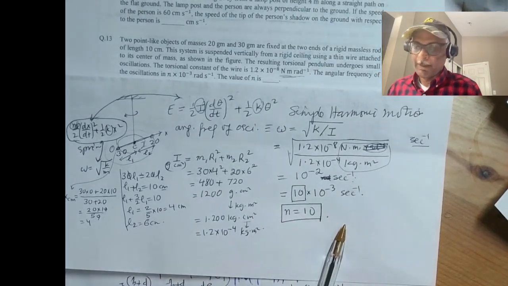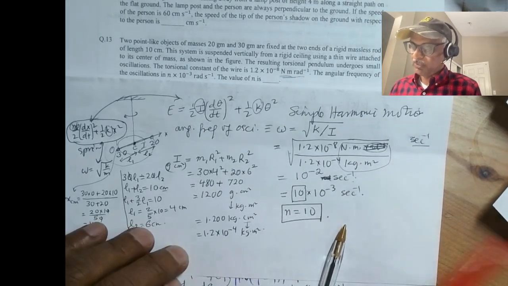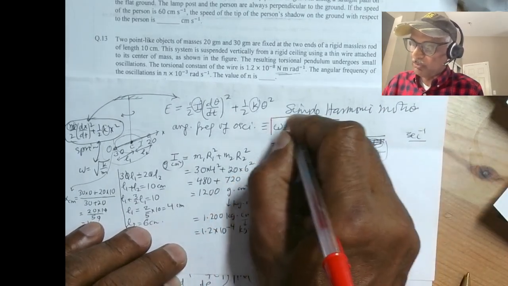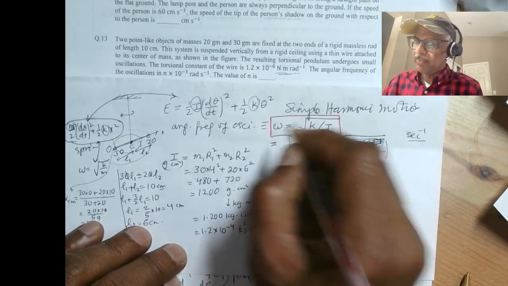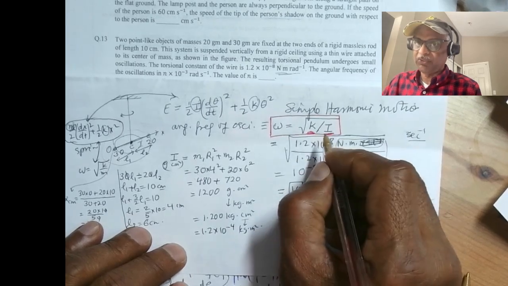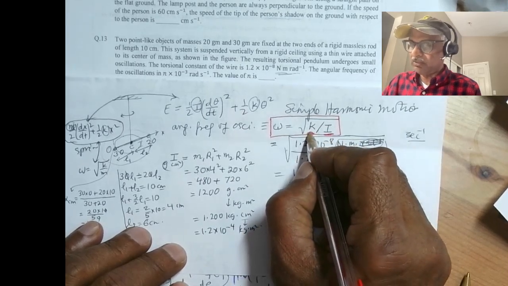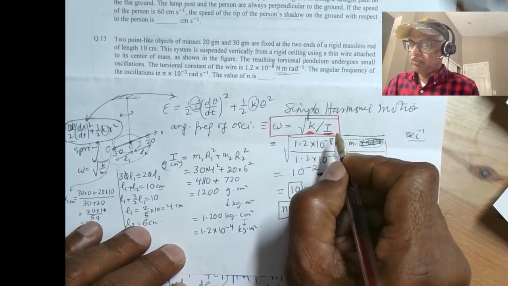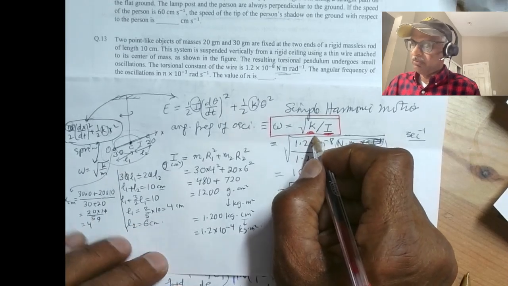Now let's look at what went into the calculation. One was that I had to know that omega will be the restoring force per inertial force, the restoration over the inertia.